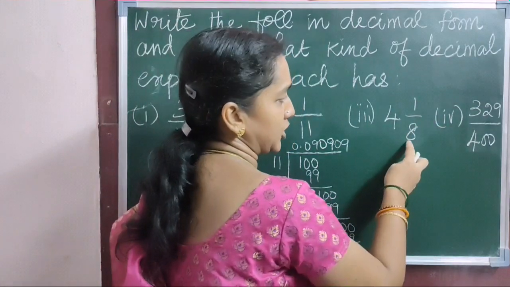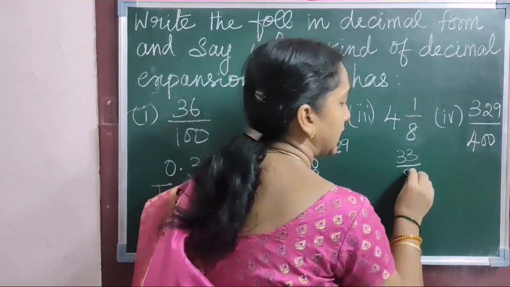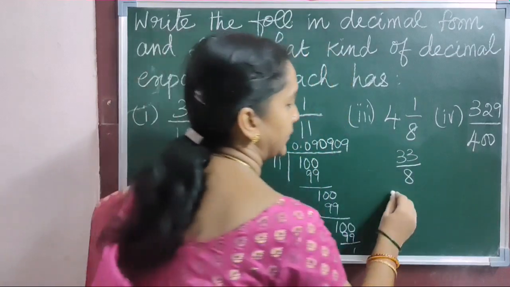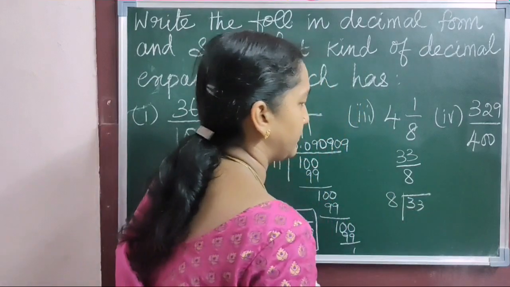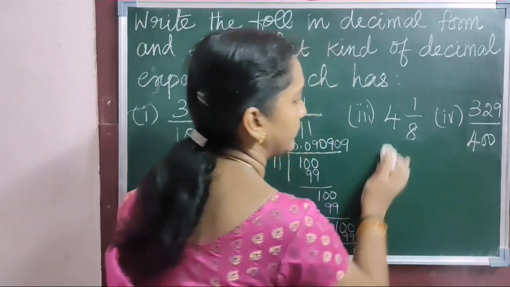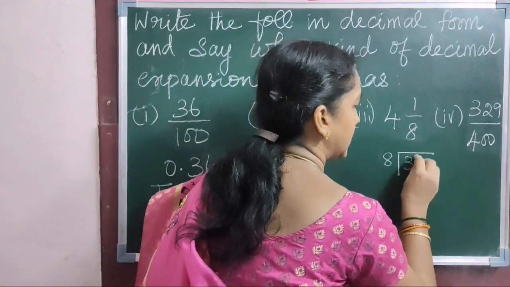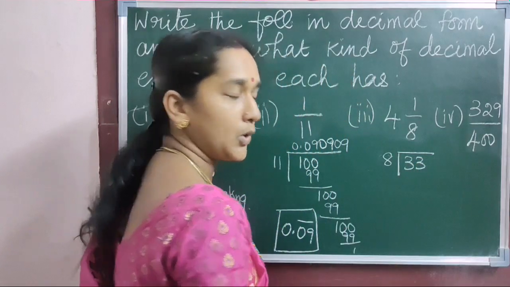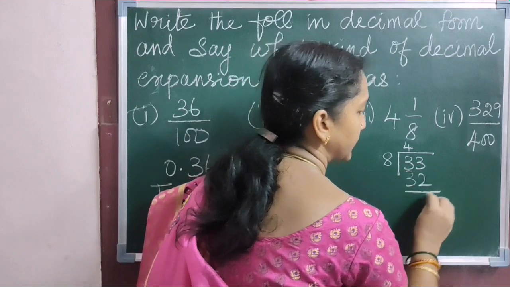So make it as a fraction. 8 4s are 32 plus 1, 33 by 8. So you divide this. 33 divided by 8. Okay. So 8 4s are 32. Remainder 1.